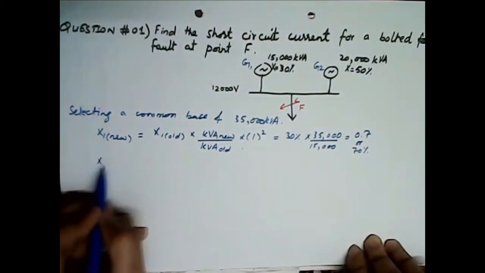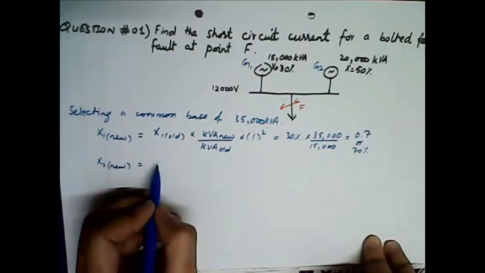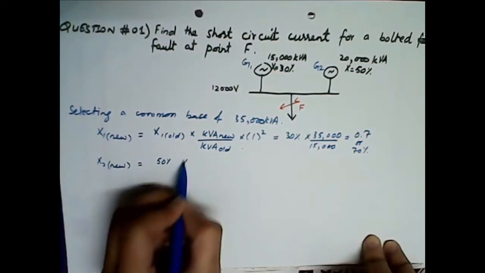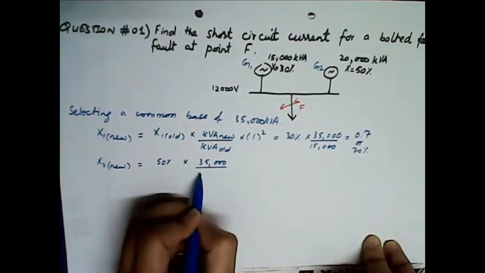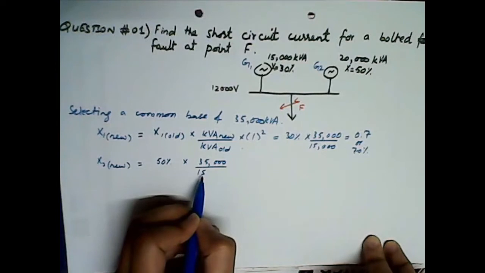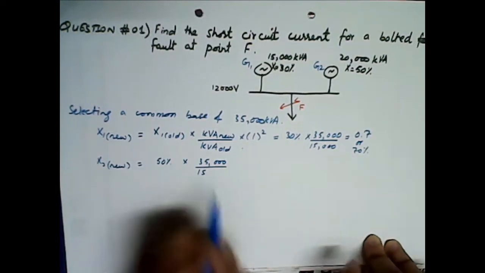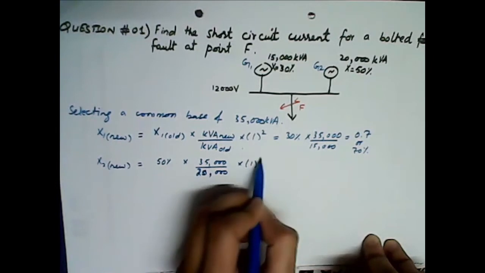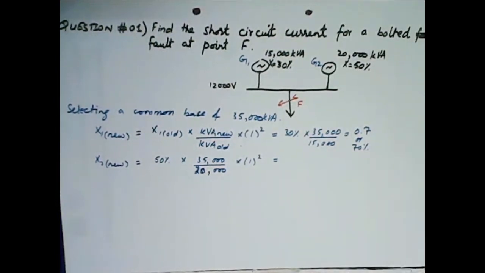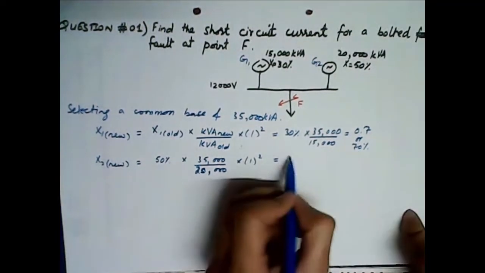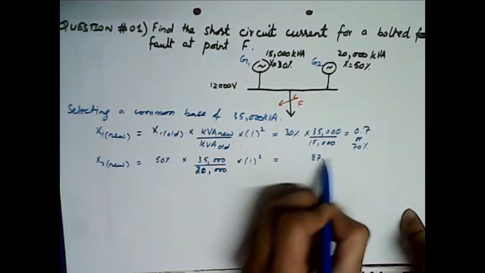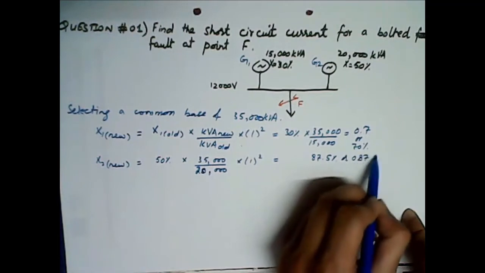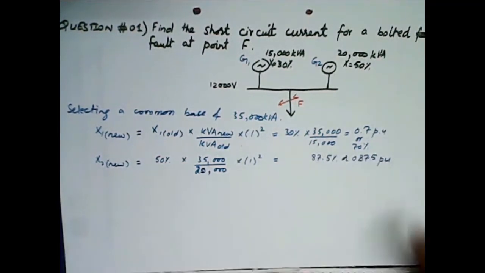Similarly, x2 new will be equal to 50% times 35,000 divided by 20,000, and this will be equal to 87.5% or 0.875 per unit, right? And now we need to do what?